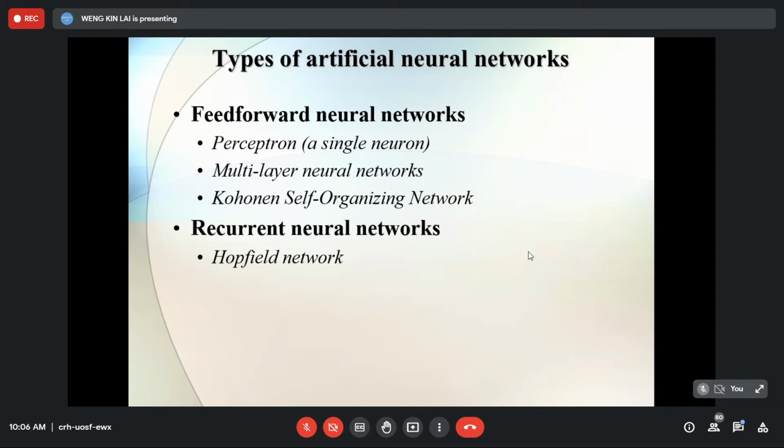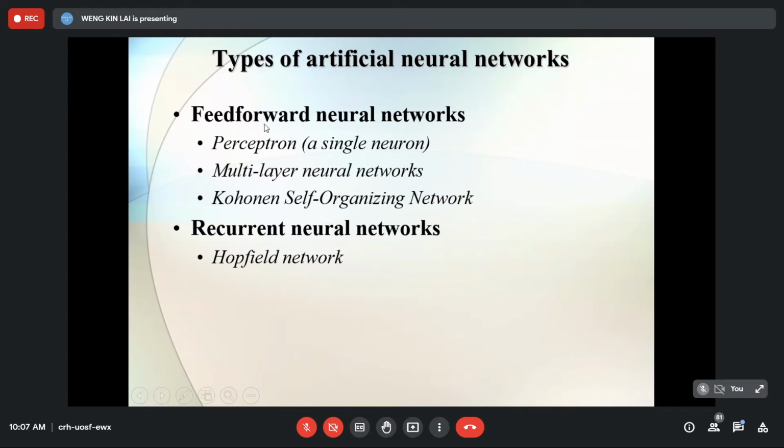So these are the basic types of artificial neural networks. We have the first type, the first class, which we call the feed-forward neural networks. The name itself will become very clear in the next few slides, why we call it feed-forward and not anything else.